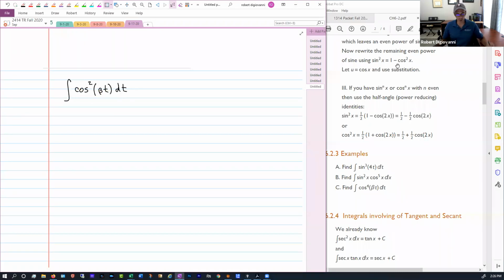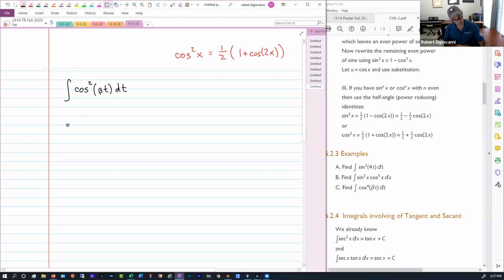Okay, so I'll write the formula down over here. Cosine squared x equals 1/2 of 1 plus cosine of 2x. That's the formula. I think I said t, I meant to say x. So let's just rewrite the integral.